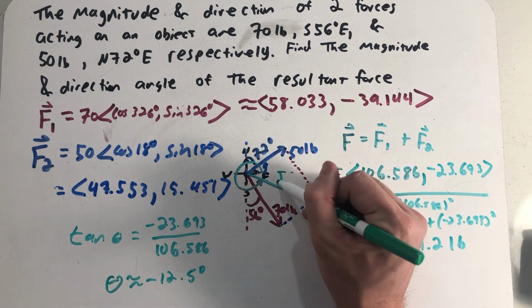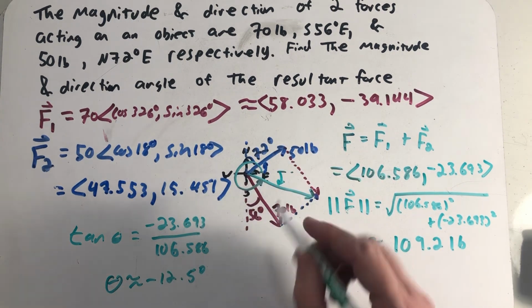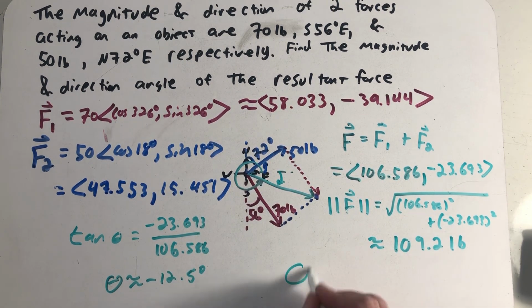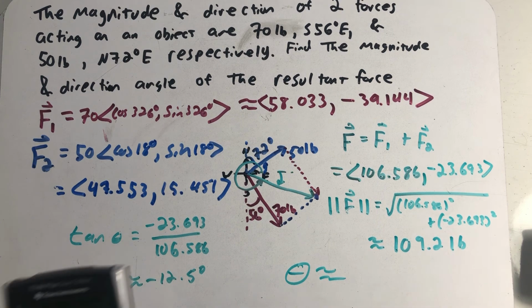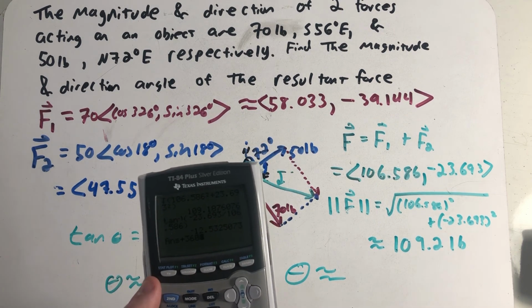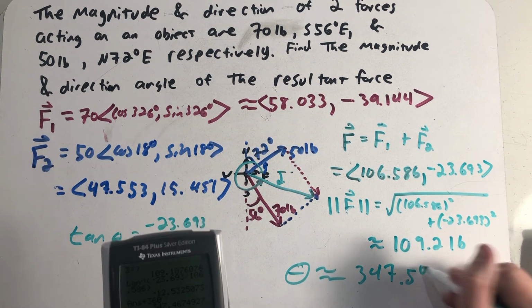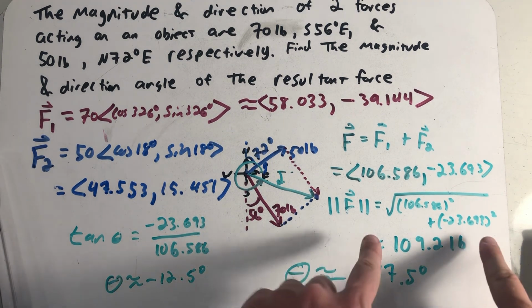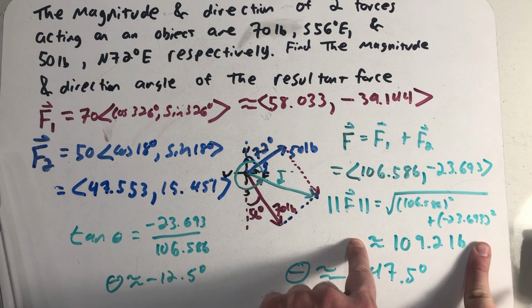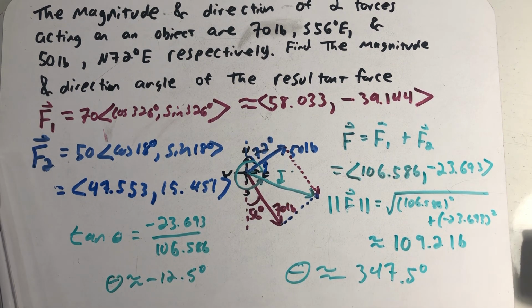All right, well, that would be this angle. I want a direction angle, so theta, the direction angle, is actually that plus 360 degrees, 347.5 degrees. And there we have it. We have the magnitude of our resultant vector, 109.2, and then the direction angle, 347.5.